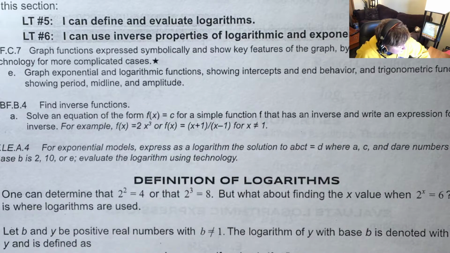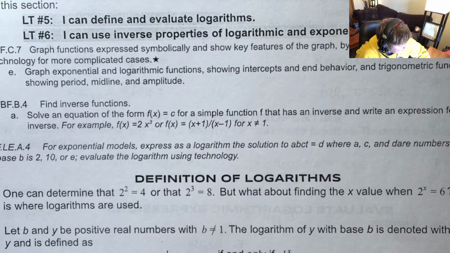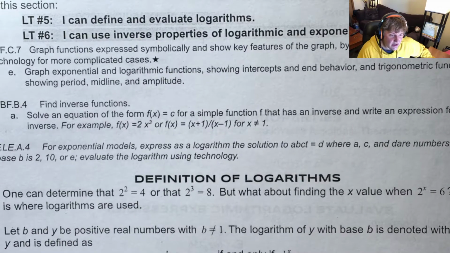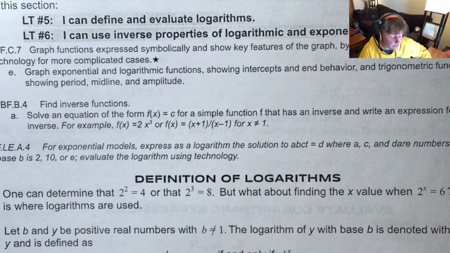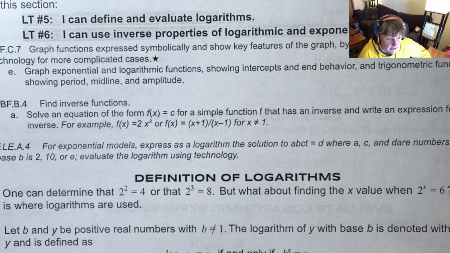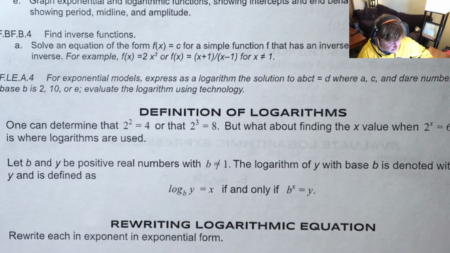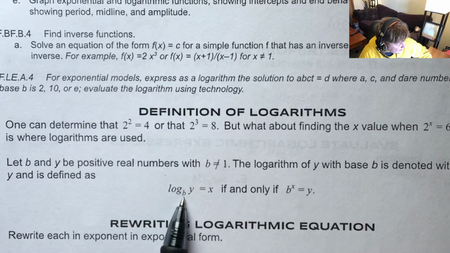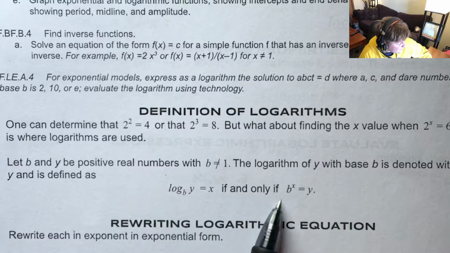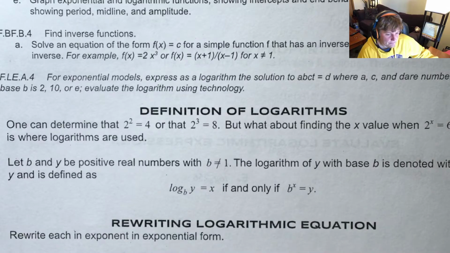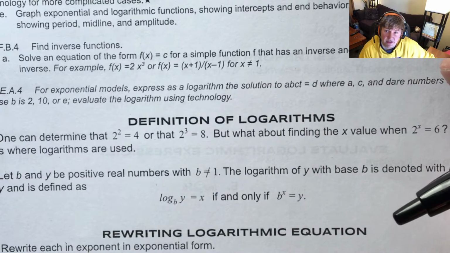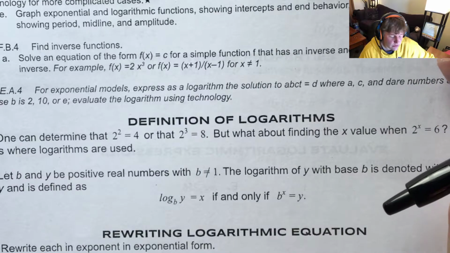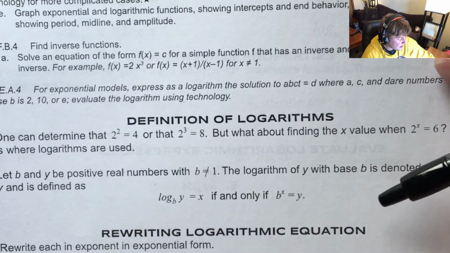So log base b of y is equal to x if and only if b to the x power is equal to y. This is going to help us find different parts of an equation like this, and it's oftentimes most helpful when we can find the variable in the exponent. Let's rewrite some logarithms in the most basic form, and that will help us understand them more.